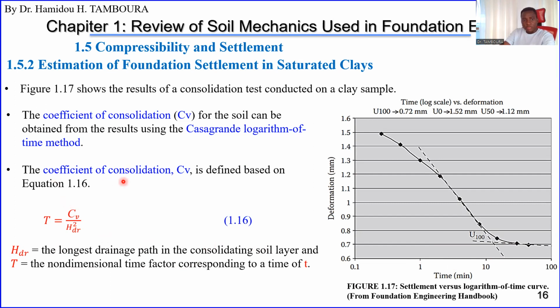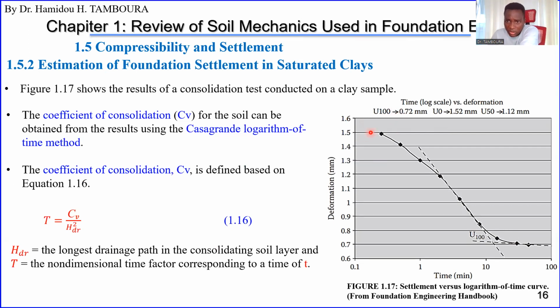This coefficient of consolidation is about the consolidation rate. And as you can see here, the average consolidation amount, or the degree of consolidation, U100 means it's consolidated 100%.